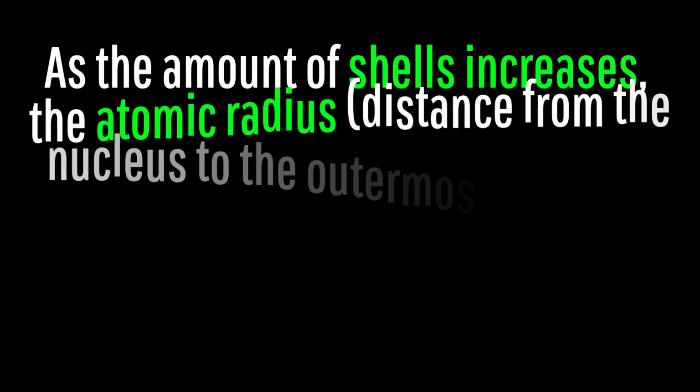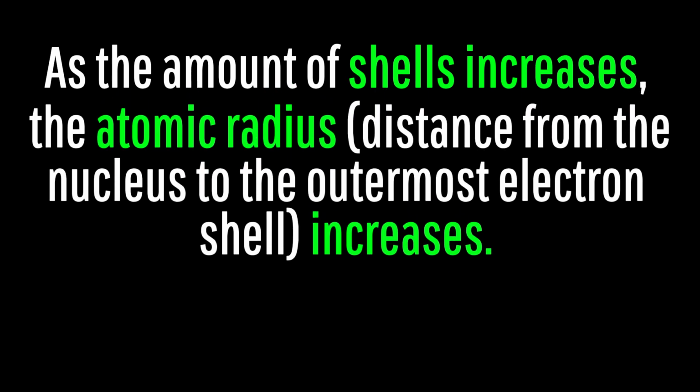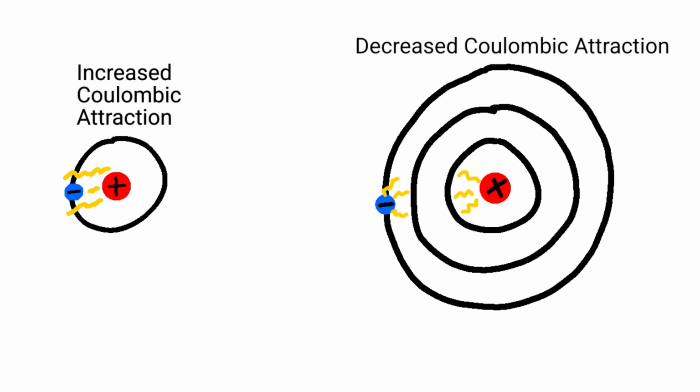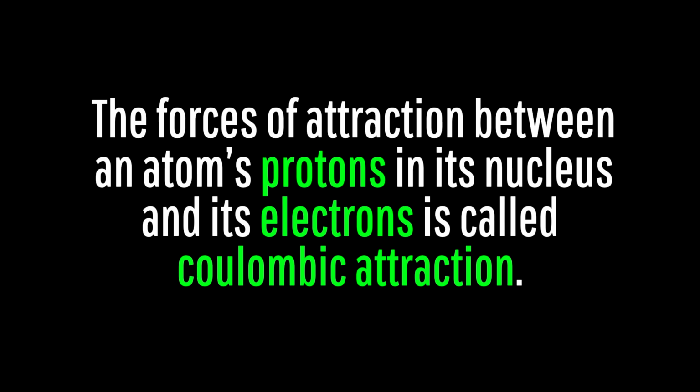As the amount of shells increases, the distance from the atom's nucleus to its outermost shell, aka its atomic radius, increases. As this distance increases, the amount of attraction between the positively charged nucleus of an atom and its negatively charged valence electrons decreases. The forces of attraction between an atom's protons and its valence electrons is called Coulombic attraction.